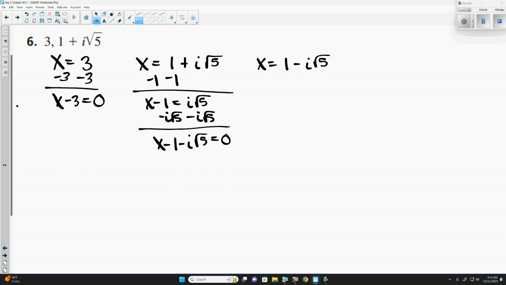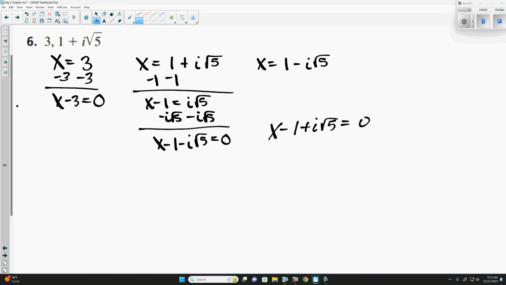Questions on either one of these first ones here? We good with these first two? Yes? Well, the only difference between this x minus 1 minus i square root of 5 and the last one is that it went from positive i square root of 5 to negative, which means it's going to be essentially the same thing when we get done, except instead of having minus, we're going to have plus.